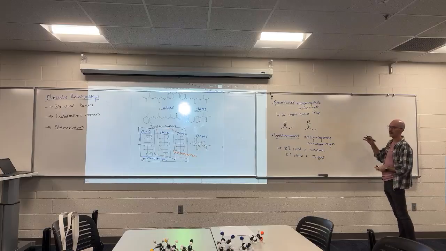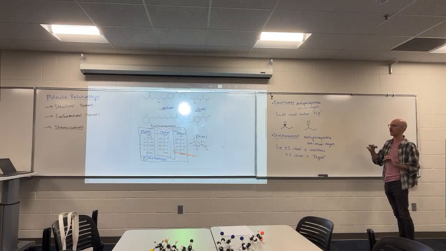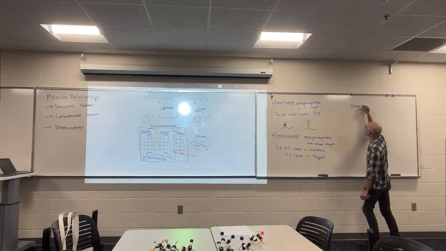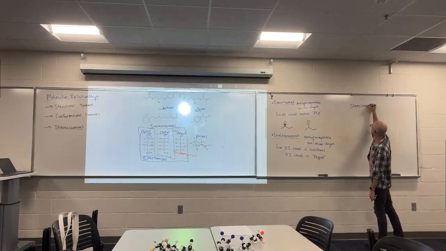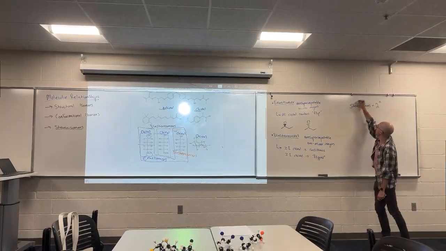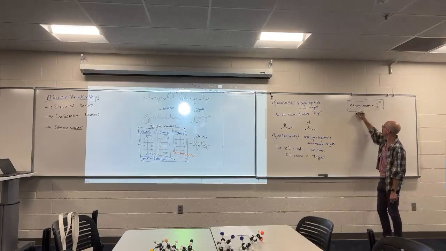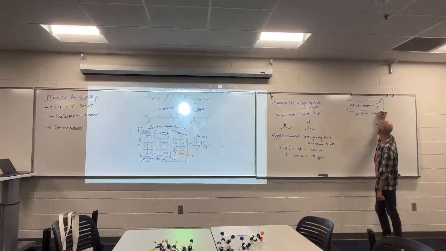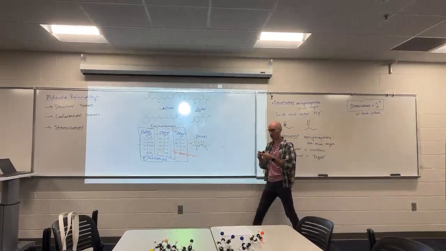There is this equation. I swear there's not a lot of math in this class. But you can actually calculate the number of stereoisomers that a compound can have by taking 2 to the power of n, where n is the number of chiral carbons that you have.